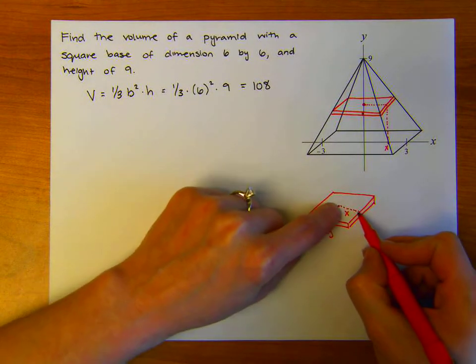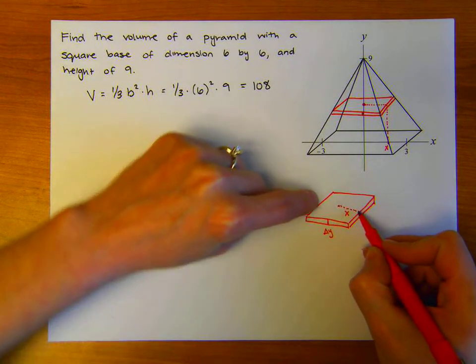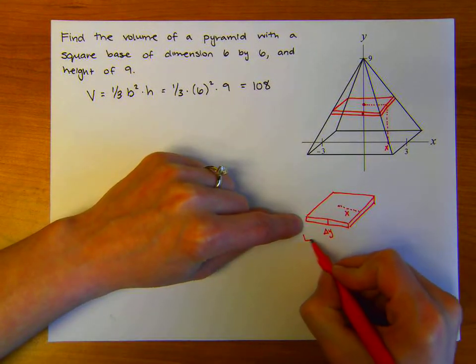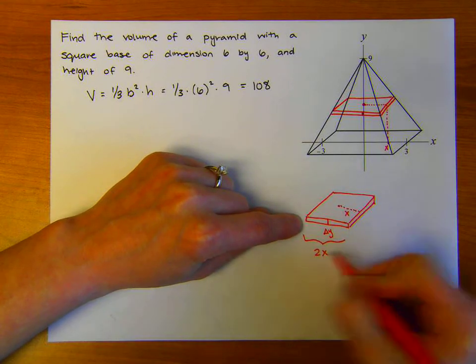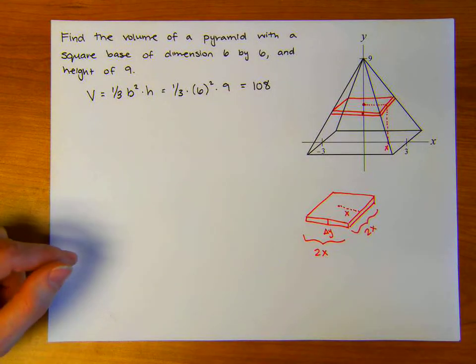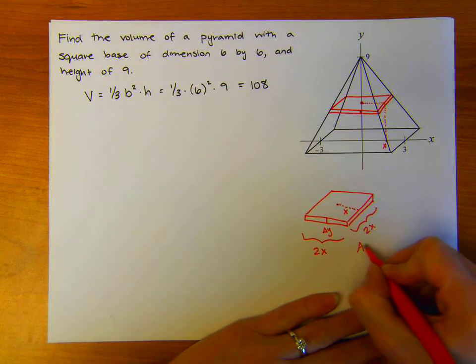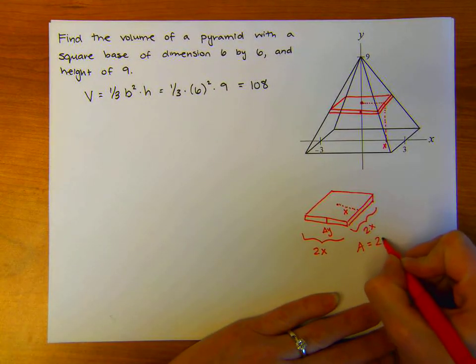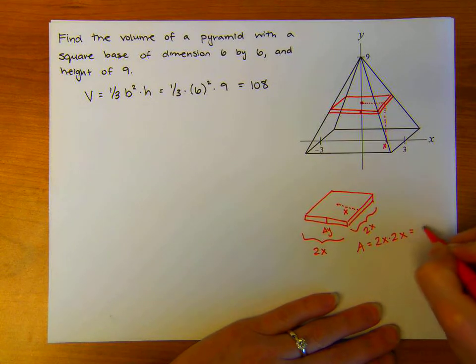So notice then, if this distance is x, then this whole distance would end up being 2x. And since it's a square, this distance is also 2x. So the area of the cross-section is 2x by 2x, or 4x squared.